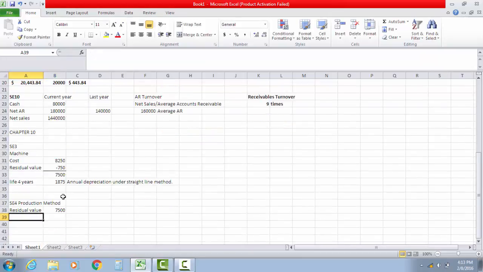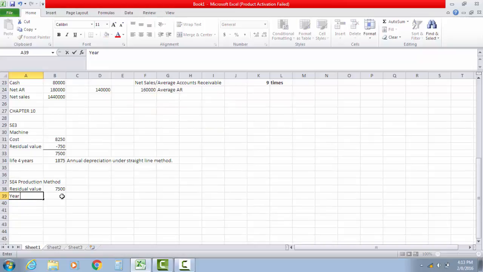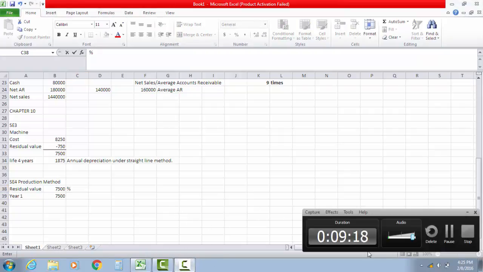We would have 7,500. So year 1, we would use up, we'd have the $7,500. Then we'd have the percentage used. So, sorry, the residual value is 7,500.